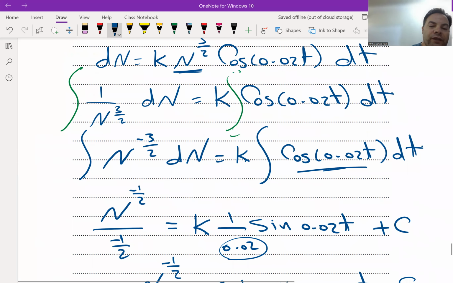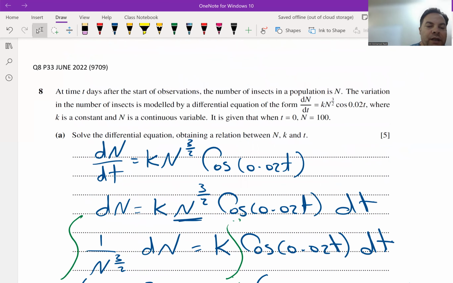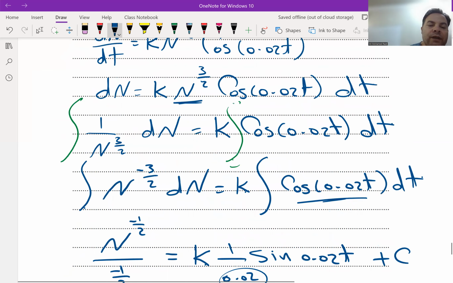You can find the values of k and c, where k is a constant and n is a continuous variable. It's given that when t equals 0, n equals 100. Solve the differential equation obtaining a relation between n, k, and t. Now we'll substitute t equals 0 and n equals 100.